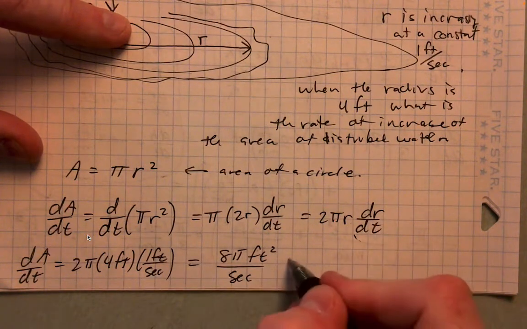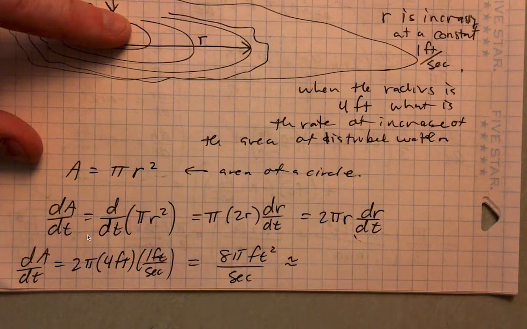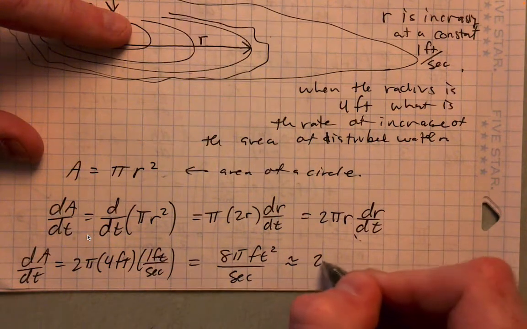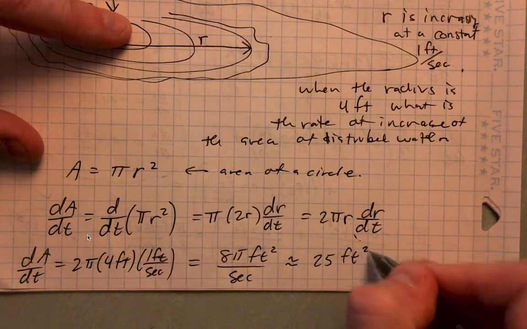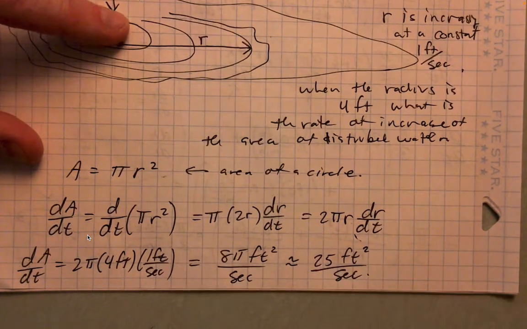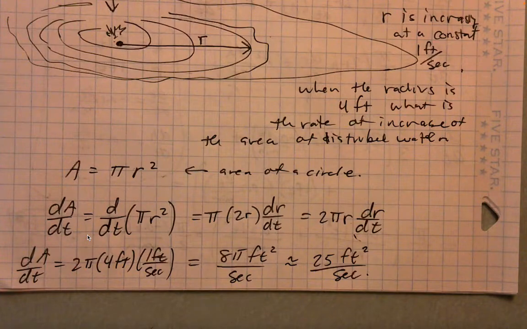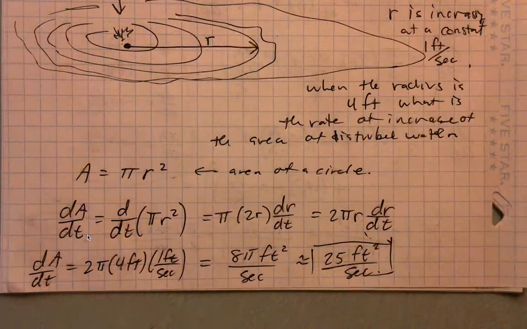And so that's approximately, if you do the math there, about 25 square feet per second. Okay, so there you go. That's another example of a nice related rate problem.